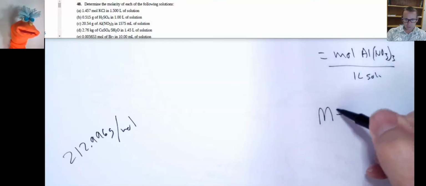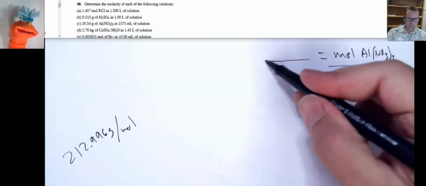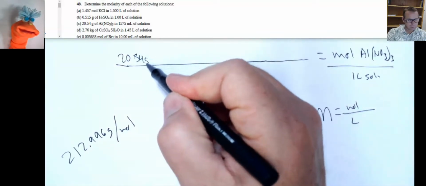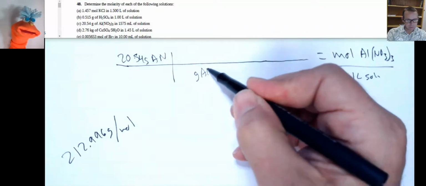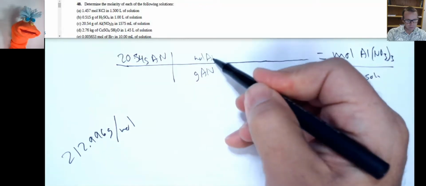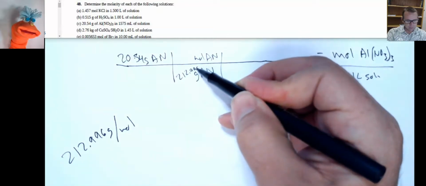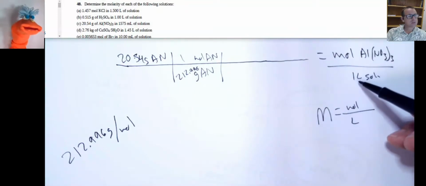Big M is moles of solute per liter of solution. Okay, and I start with 20.54 grams of aluminum nitrate, and I'm going to go from grams to moles of aluminum nitrate. All right, 212.996 for every mole. And then I have moles of aluminum nitrate on top. I just need liters of solution down below. 1,575 milliliters. All right, that's 1.575 liters, right?